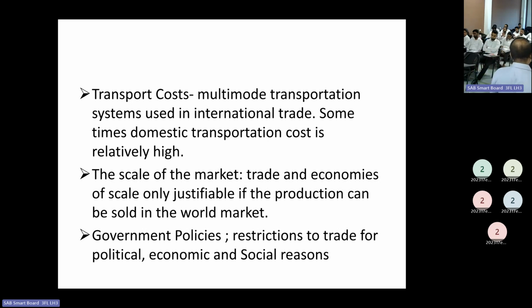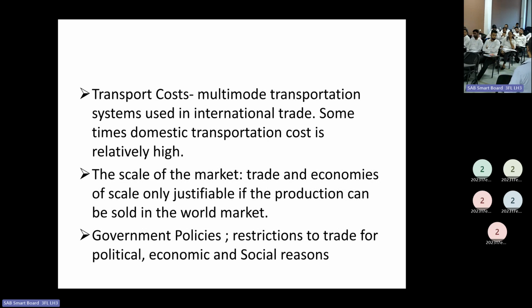And the scale of the market. At the very first we mentioned why we engage in international trade: to expand the market and experience economies of scale, lowering the cost so more benefit passes to the customers and their living standards improve. But what happens in practice?